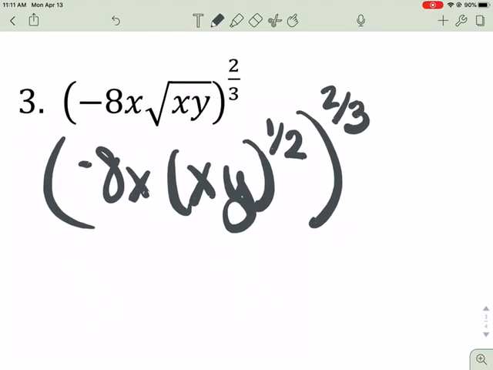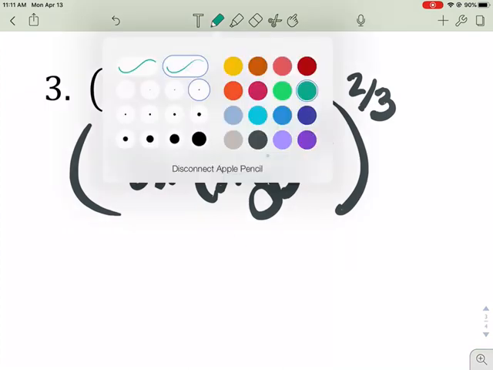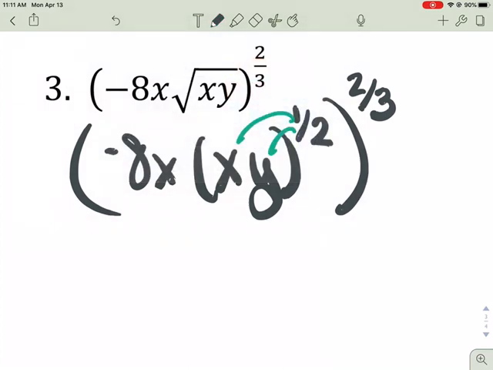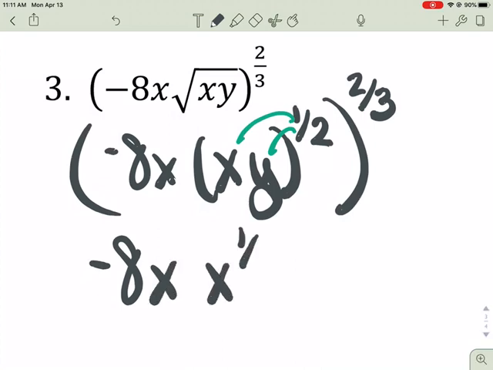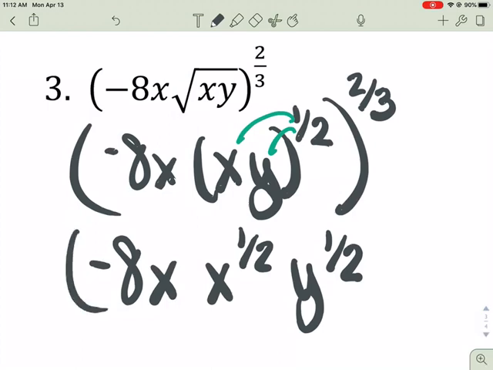Okay, so that looks really complicated. So I'm going to take that 1/2 and give it to both the x and the y, because that's one of our properties. So I have negative 8x, x to the 1/2, y to the 1/2, whole thing taken to the 2/3 power.